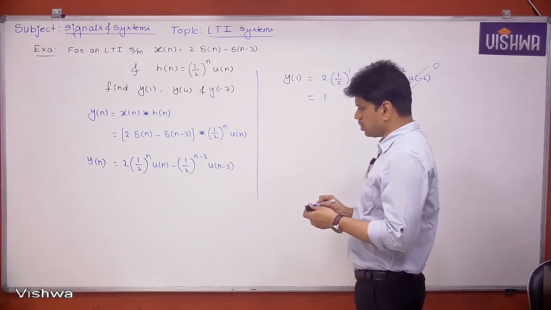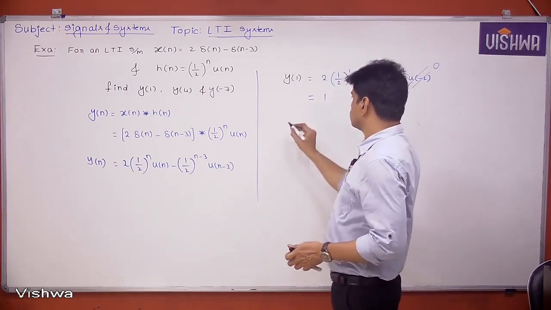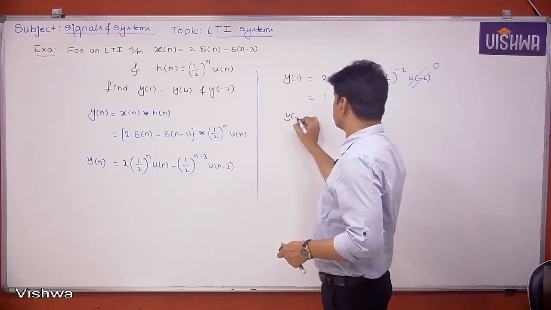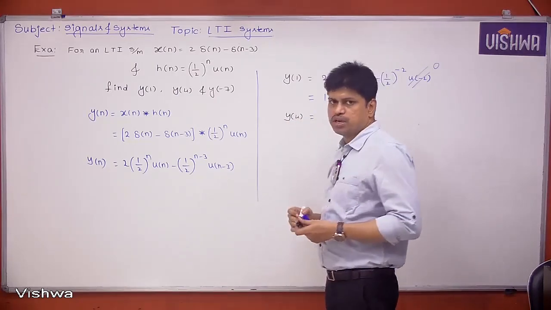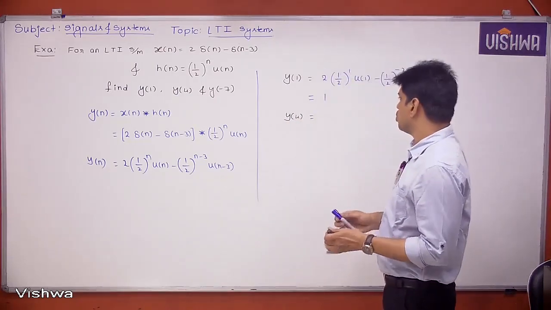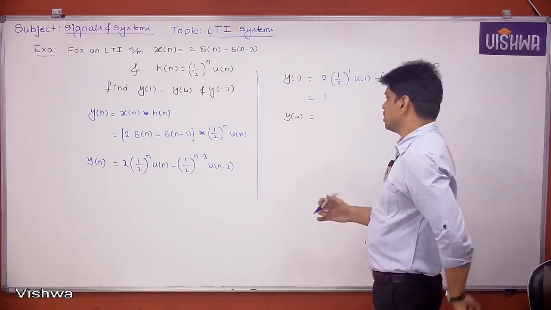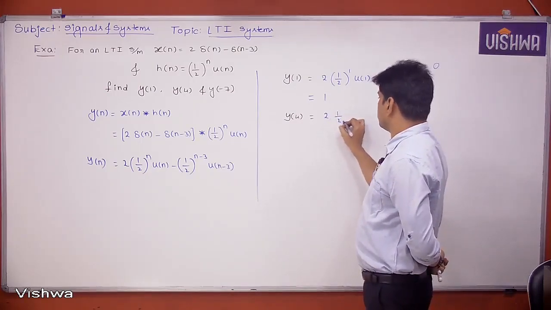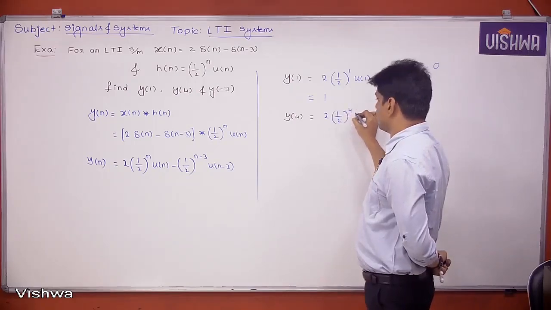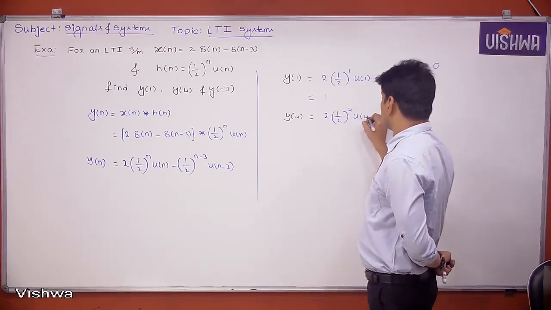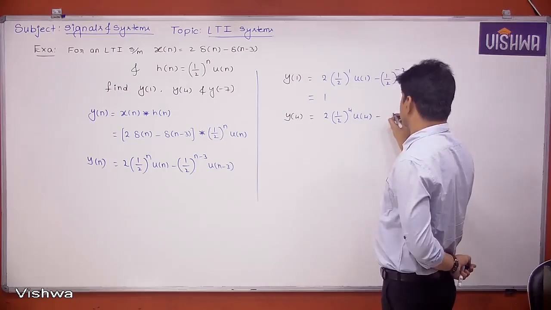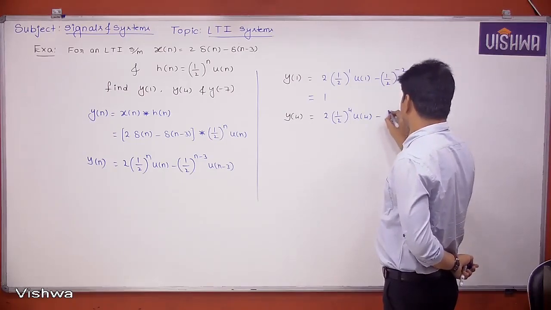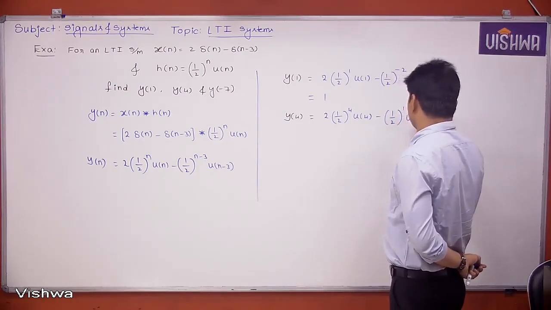Next, you have to calculate y[4]. Wherever n is there we have to place 4. 2 into (1/2)^4 u[4] minus (1/2)^1 u[1].